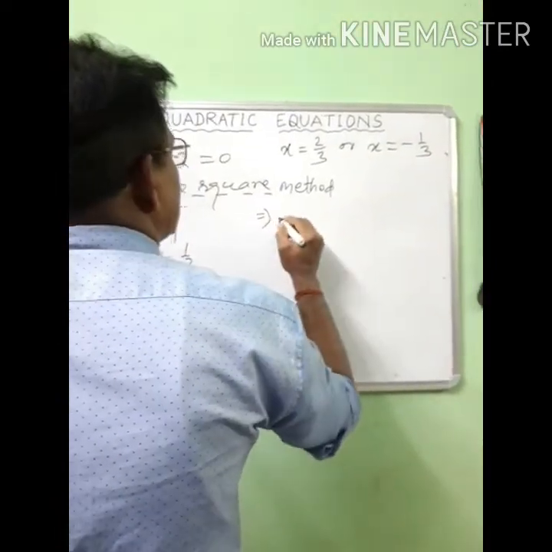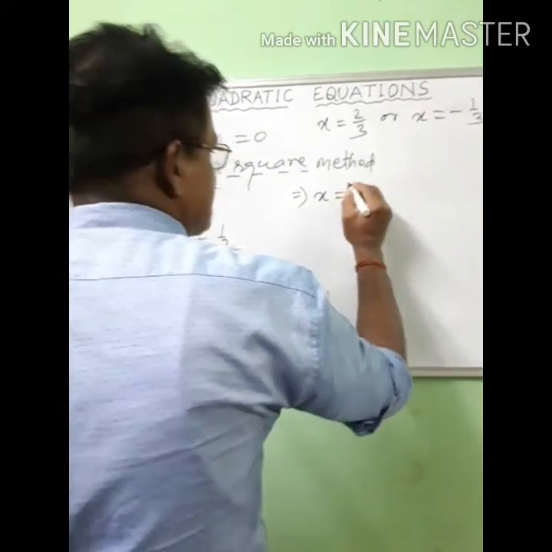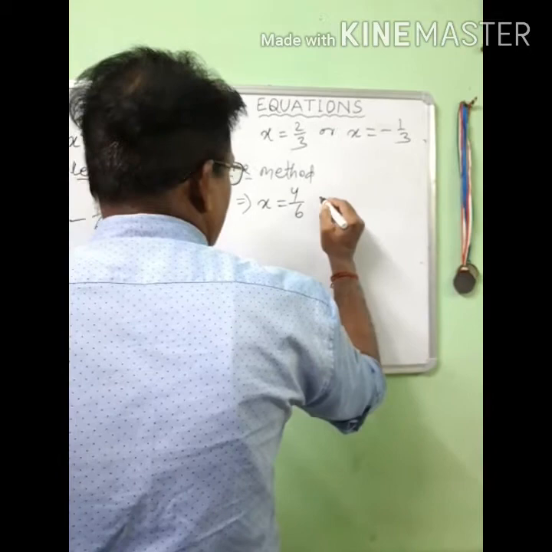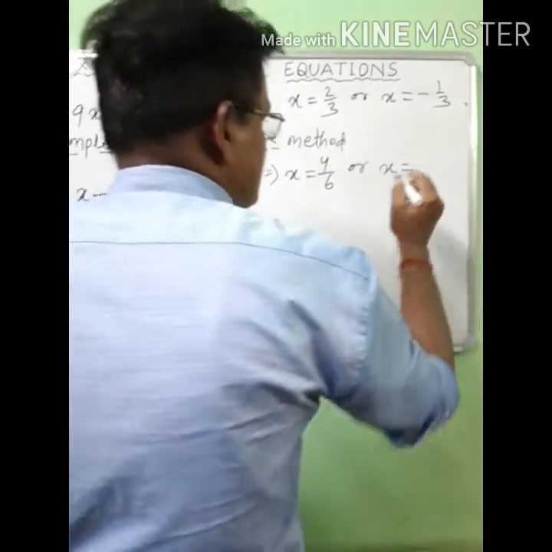Implies x is equal to 4 by 6, or x is equal to minus 2 by 6.